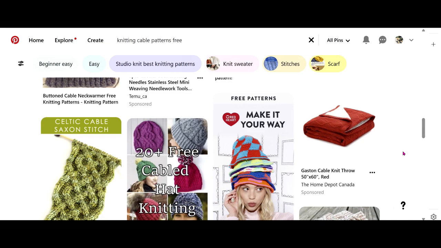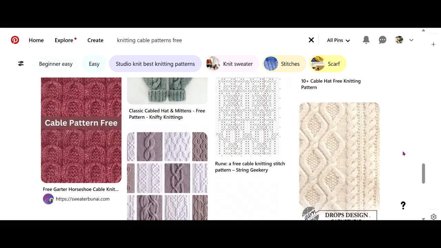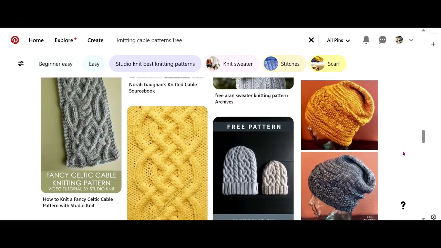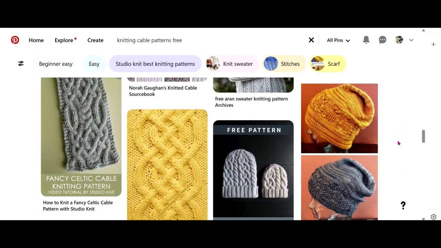Or like an animal design, like, oh, this one, the owl. Okay, usually the hat is knitted from bottom to top, right? So you know what I'm saying?